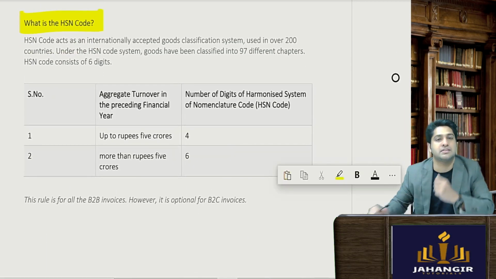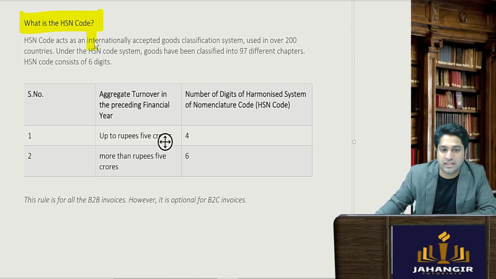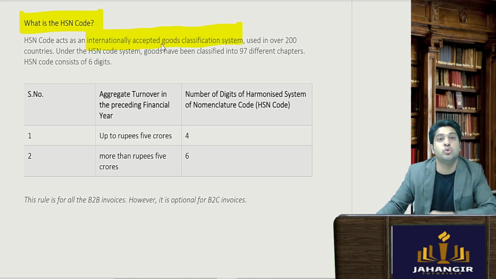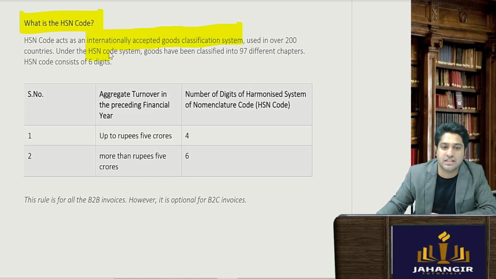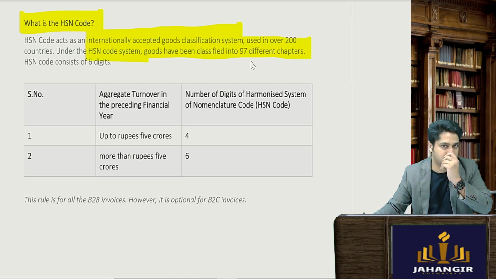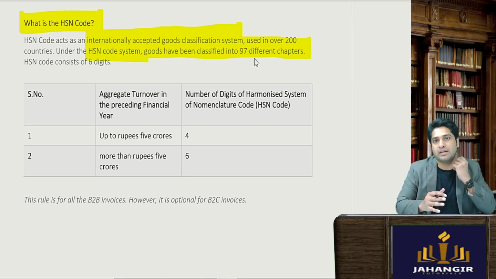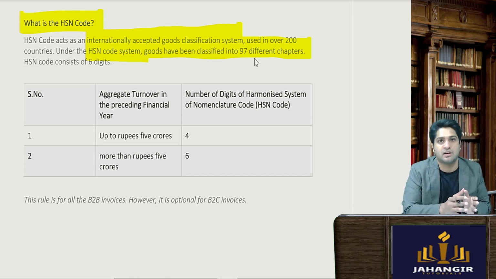The Harmonized System of Nomenclature is an internationally accepted product classification system used in over 195-200 countries. Under the HSN system, products or goods have been classified into 97 different chapters. मतलब क्या होता है, all over the world everybody uses HSN.